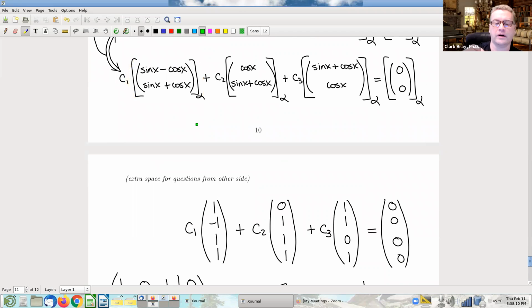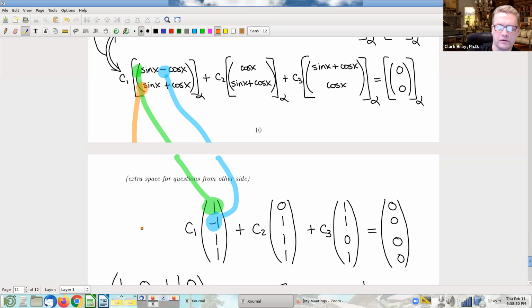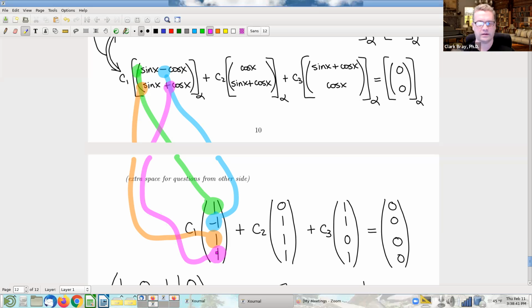So there's 1 sine in the first entry. There's -1 cosine in the first entry. There's 1 sine in the second entry, and there's 1 cosine in the second entry.